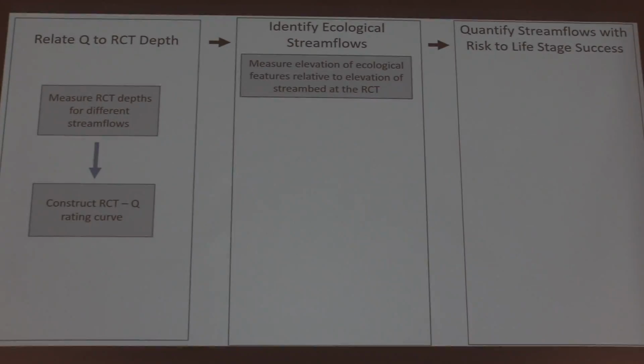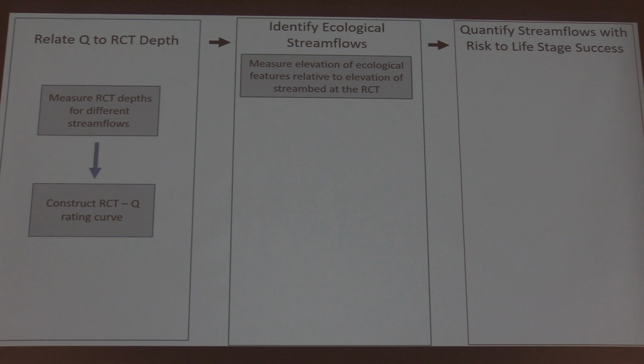Okay, so once you have that RCTQ rating curve constructed, you can then use that curve to identify your ecological streamflows. The first step in that is measuring the elevation of your ecological features relative to the elevation of the streambed at the riffle crest thalweg.